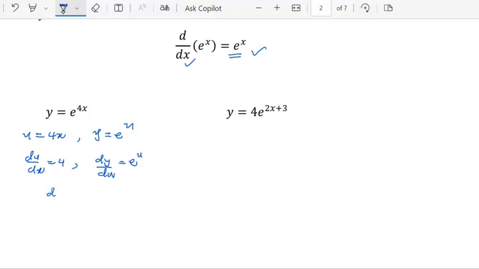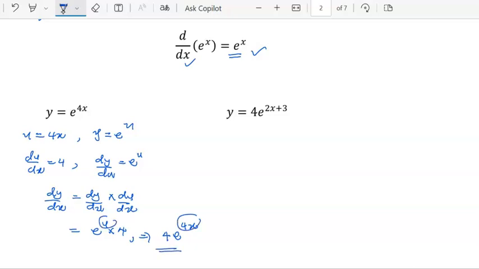So when you use your chain rule, dy/dx is equal to dy/du multiplied by du/dx. Your answer is going to be dy/du, which is e to the power of u, multiplied by du/dx, which is 4. So your final answer here is 4 e to the power of 4x, because this is the u you're putting over there. That's your derivative.